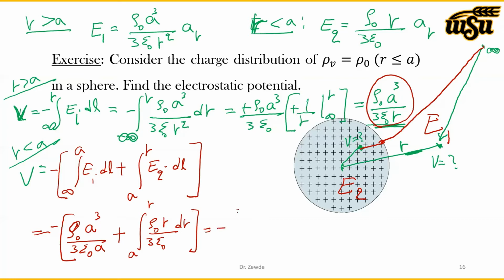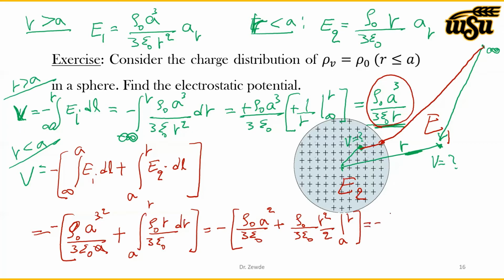So this is minus rho naught over 3 epsilon naught. The a cancels, so this will be a squared. Plus rho naught over 3 epsilon naught times the integral of r, which is r squared over 2, from a to r.